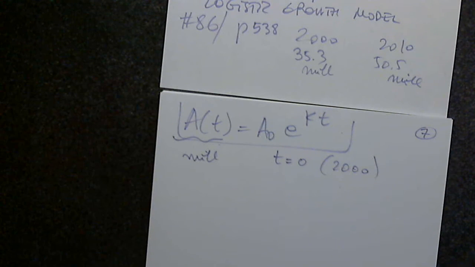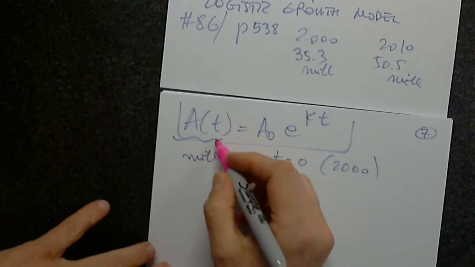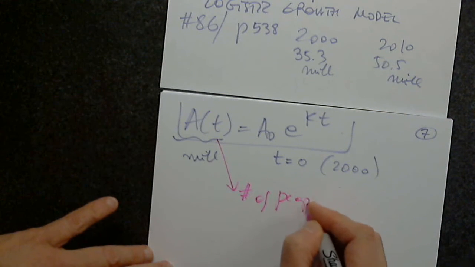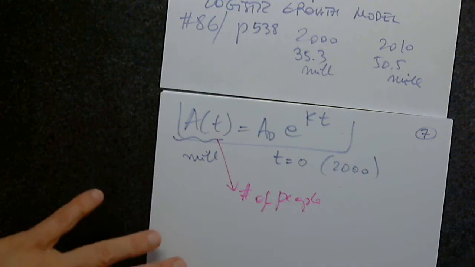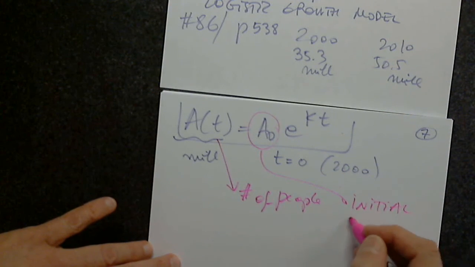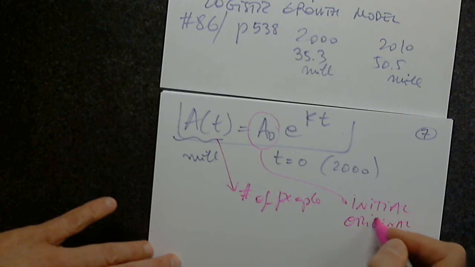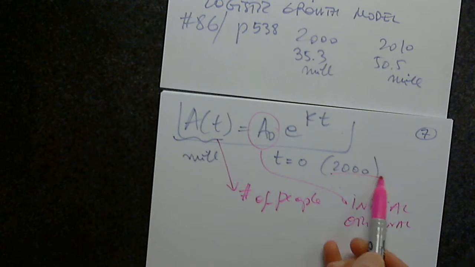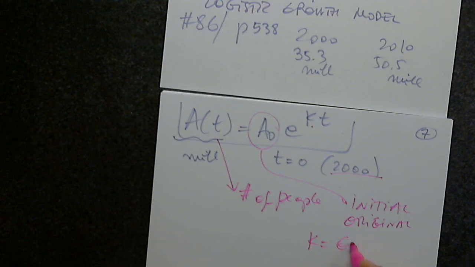Let's analyze the model for a moment. A is the number of people, in this case of Hispanic origin. A0 is the initial or original population, from the moment we start counting, and we started counting in 2000. k is the growth rate, and t is time in years.